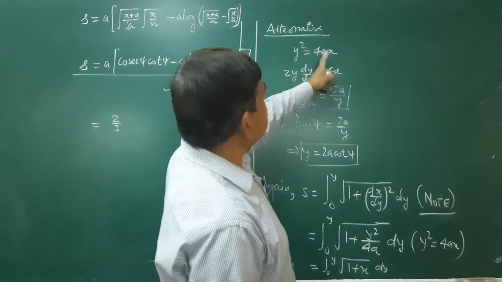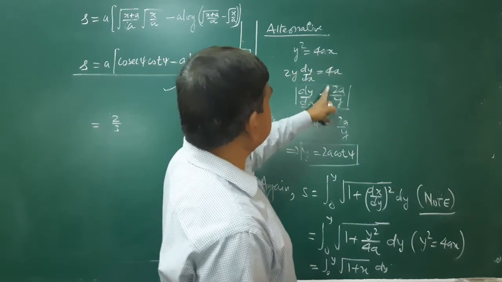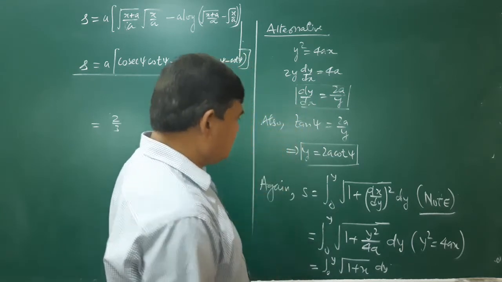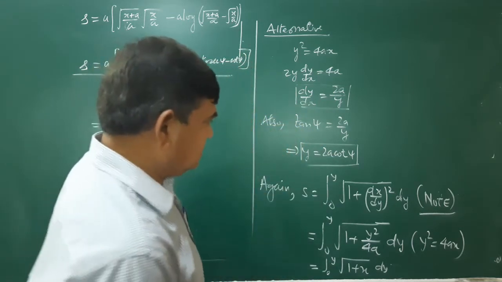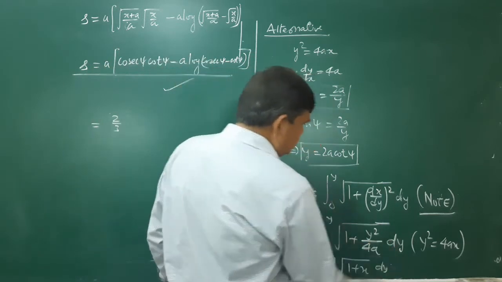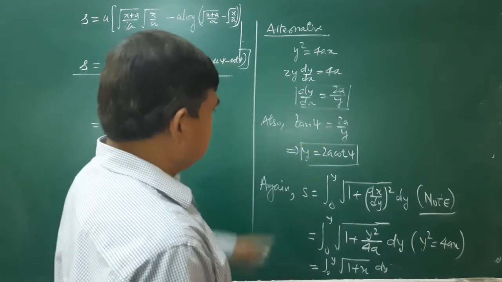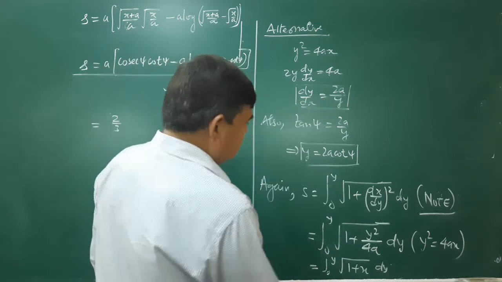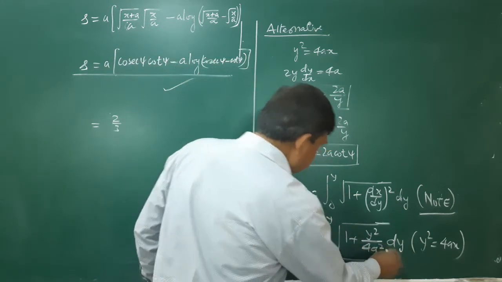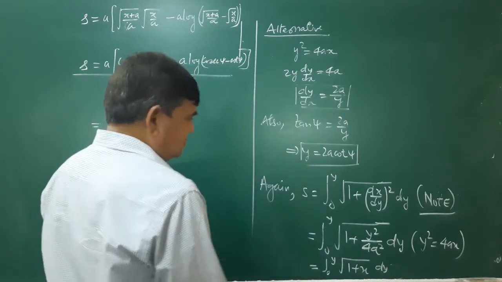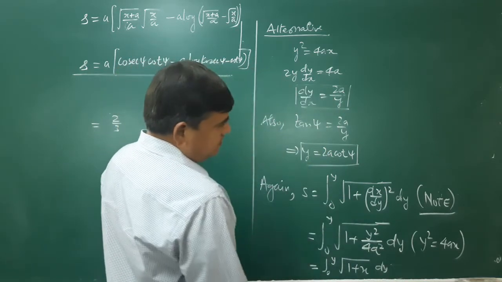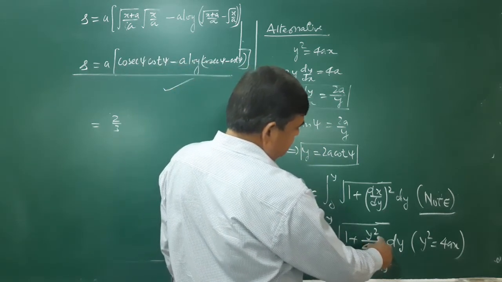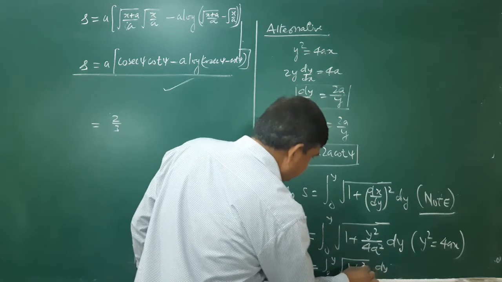2y dy by dx is 4a, 2 and 2, so it is 2a upon y. If we square it, then it is 4a square upon y square. y square is 4ax. So it is x upon a.